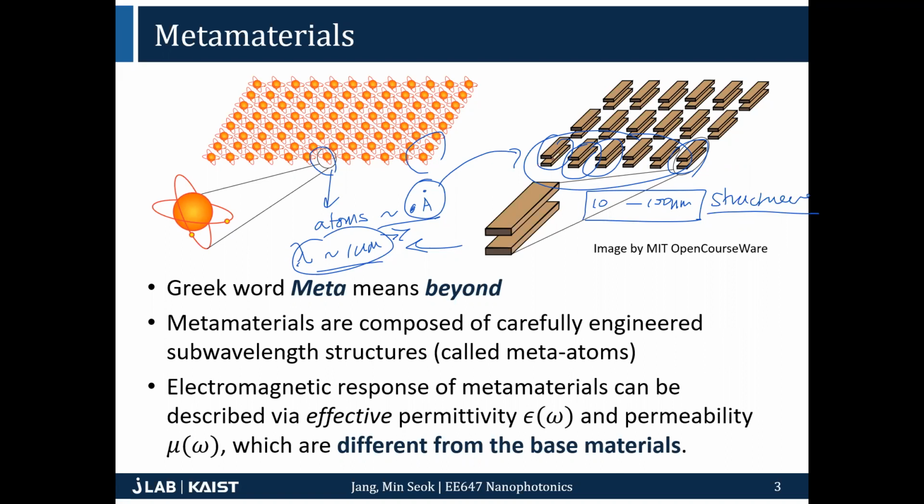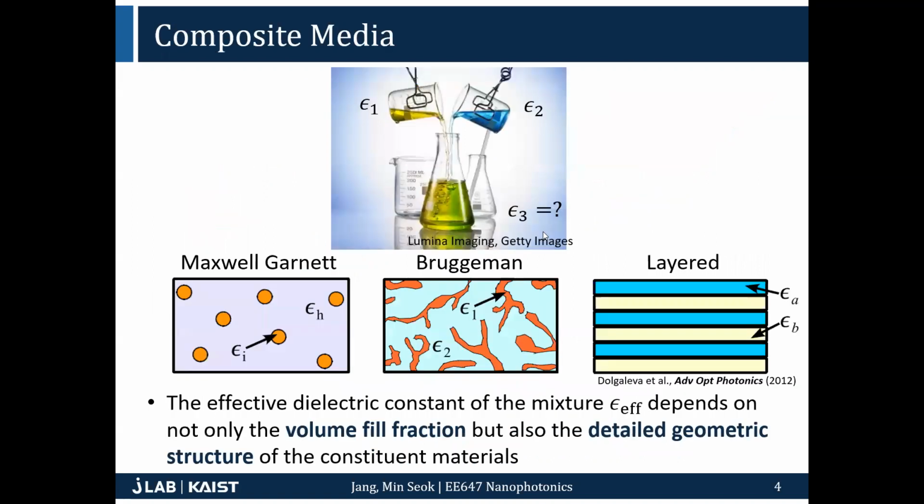We just create a small nanostructure of size about 10 to 100 nanometers to basically deceive light and create non-intuitive electromagnetic properties.